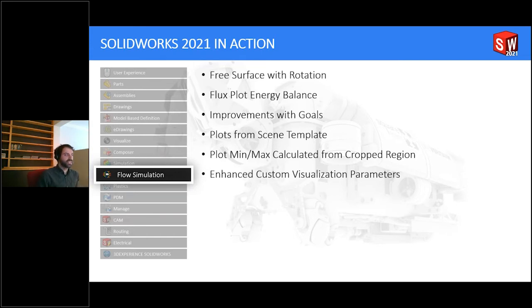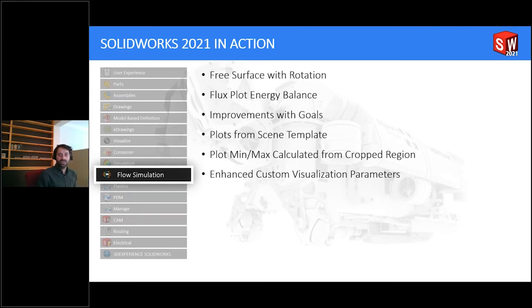We have improvements to the flux plots. They were added recently, and now they've made them a little bit easier to read. And I'll show those. Goals have been improved to give you some information that you want right up front. We can create plots from a scene to create a template, and that's super helpful to create the same set of plots in multiple different projects.